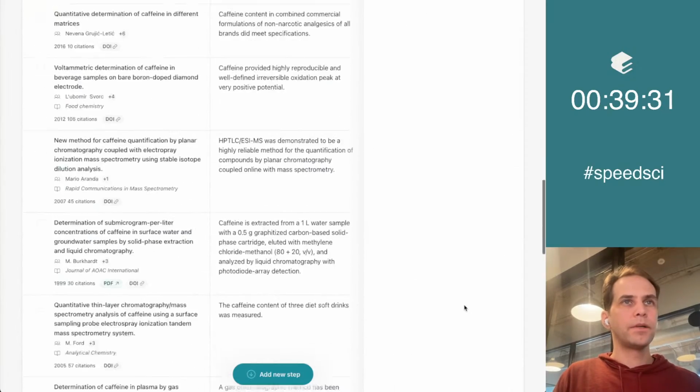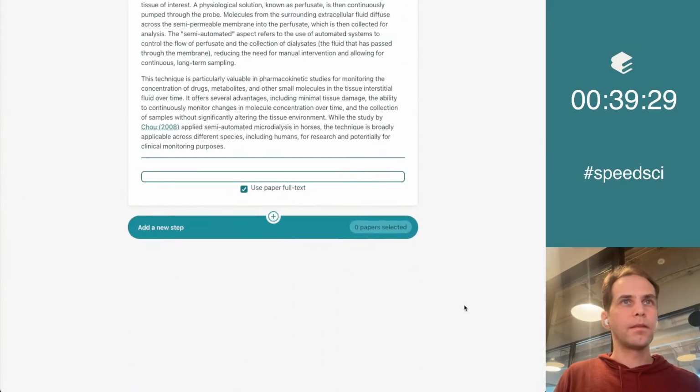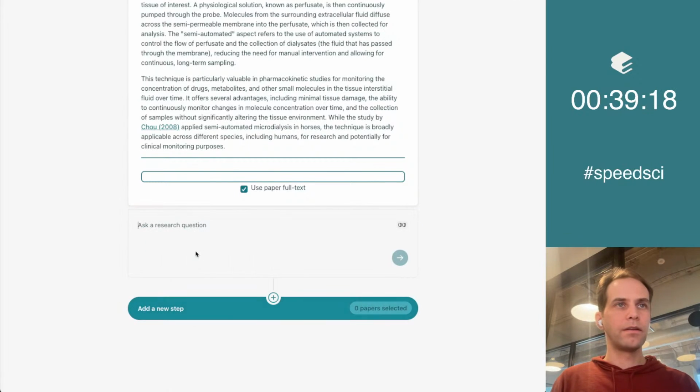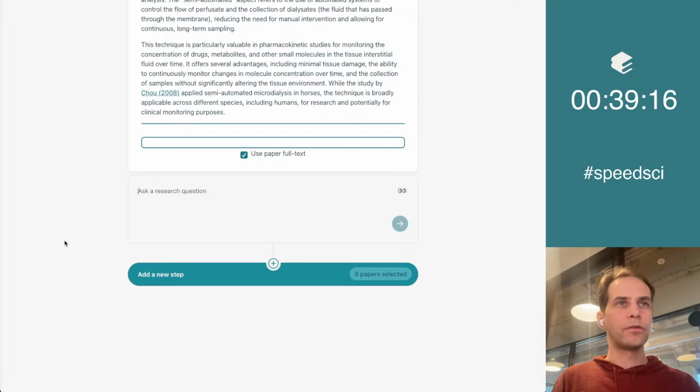But in the meantime, I think it might be better to start with general approaches to measuring caffeine in the blood, and then we can think about how to adapt them to continuous monitoring.